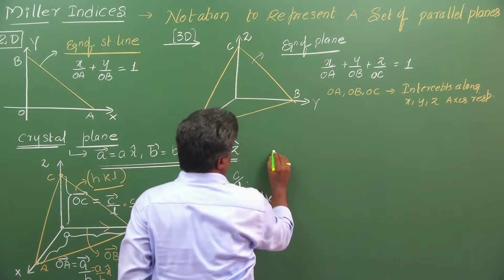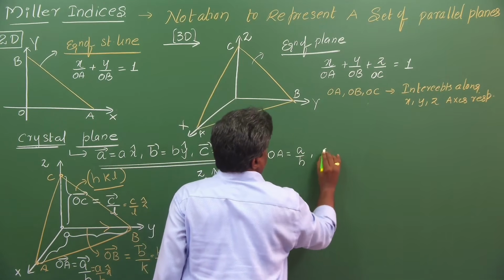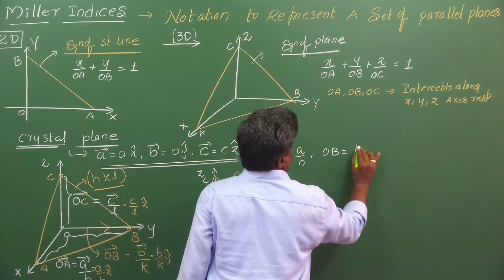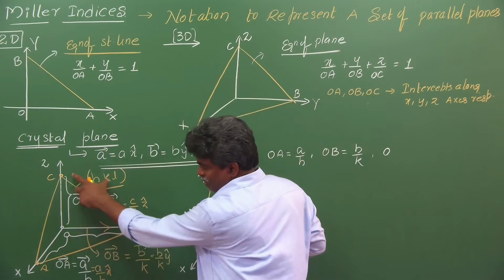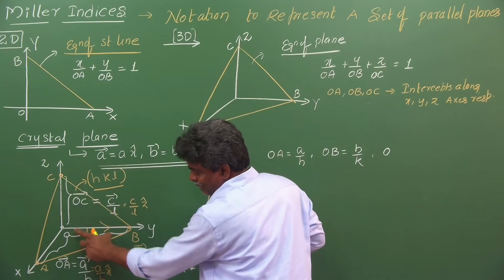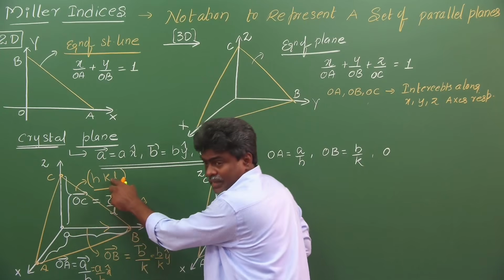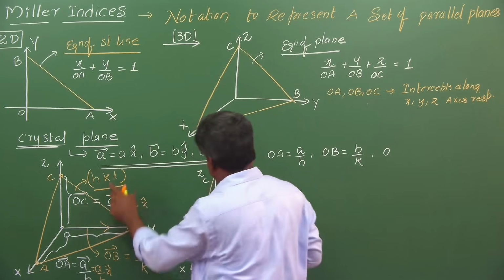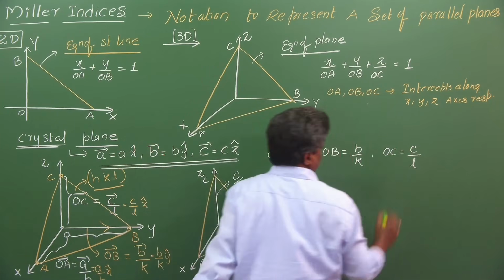So finally I got OA equal to a by h, OB equal to b by k, OC equal to c by l. That is geometry, this is simply geometry. If you have a plane, that intercept is given by this vector by that coordinate.